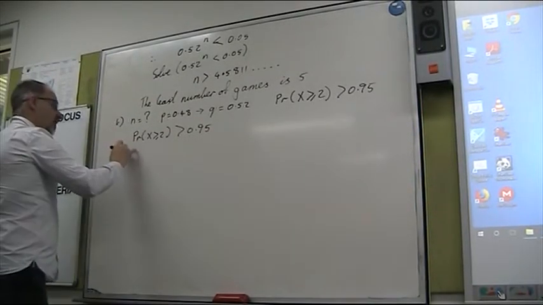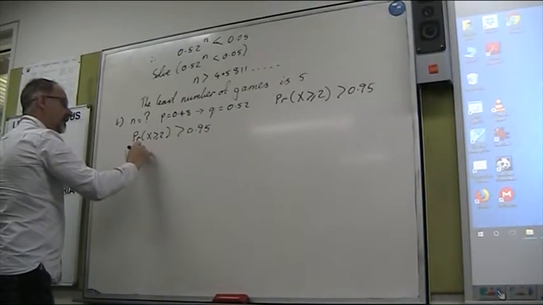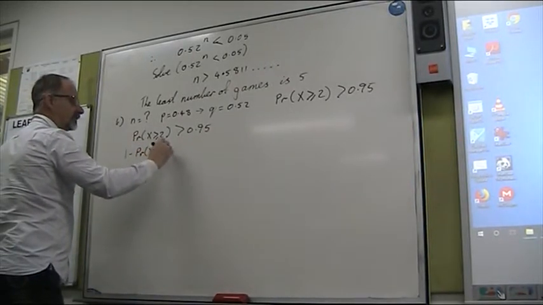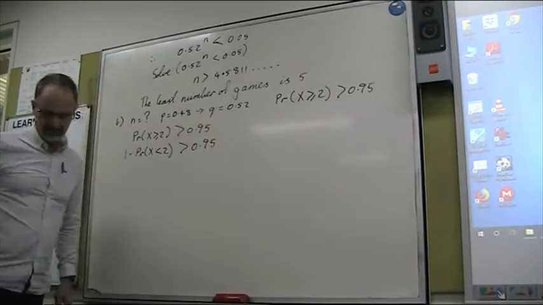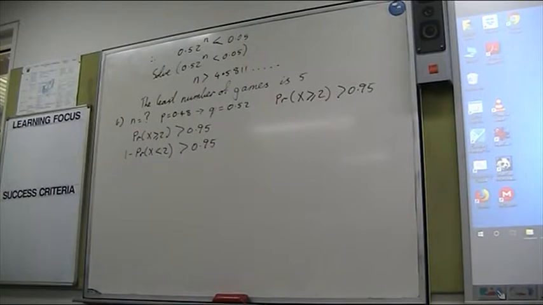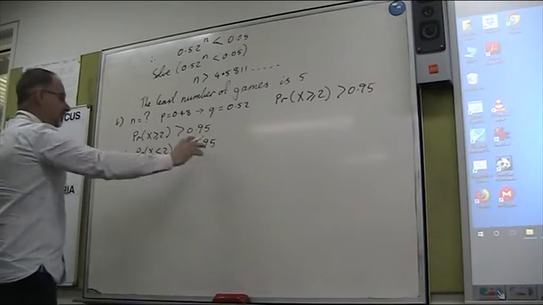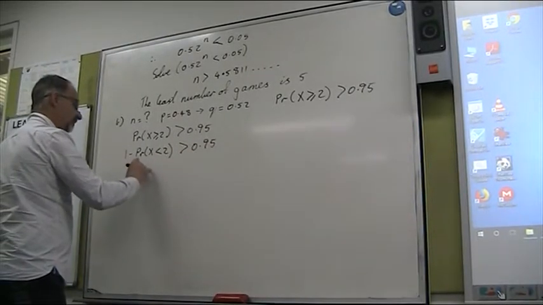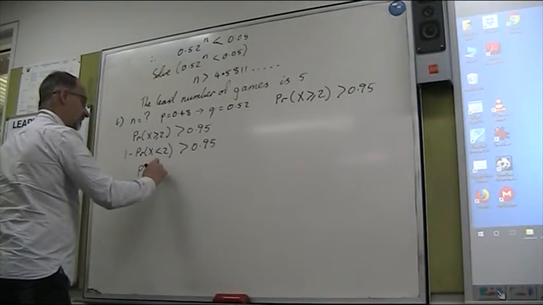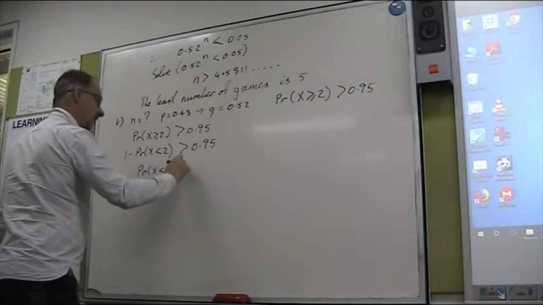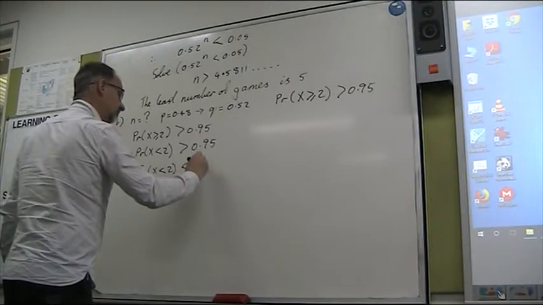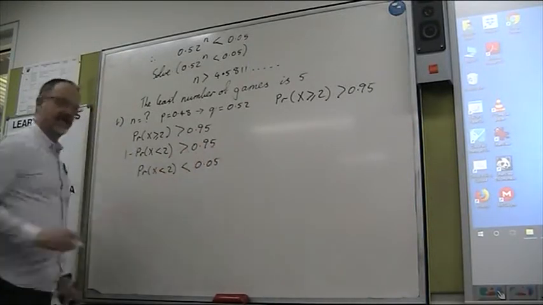So we're looking at 1 minus the probability that x is less than 2 to be greater than 0.95. So if I rearrange that, same as I did before, by taking 1 and then dividing by -1, I'll get that.